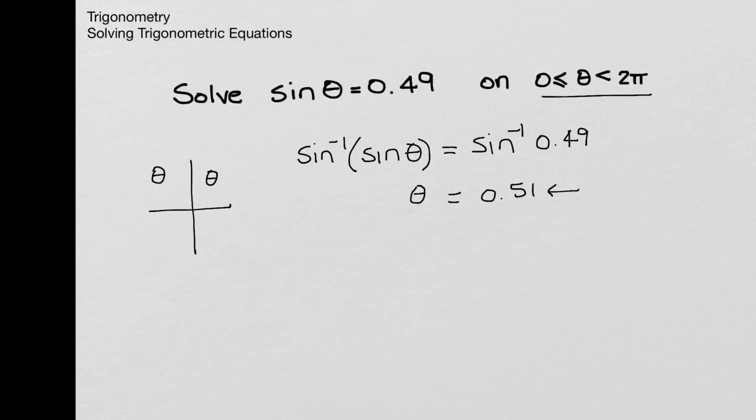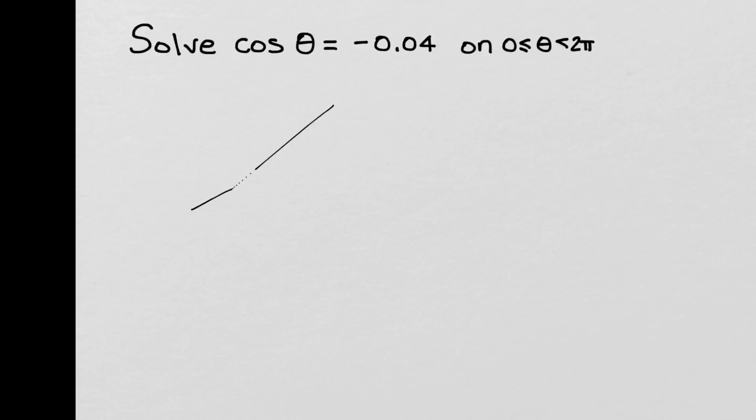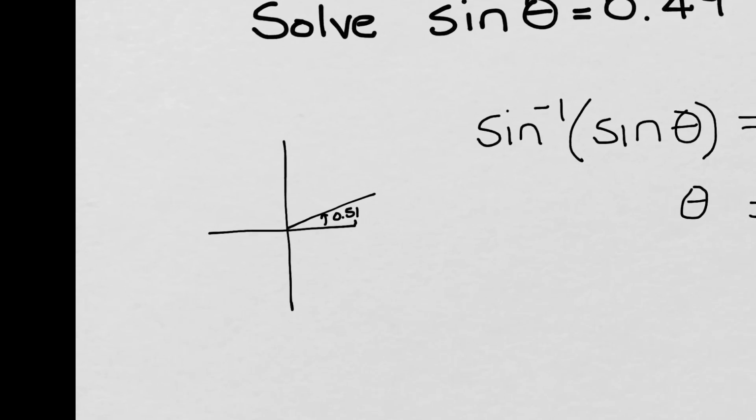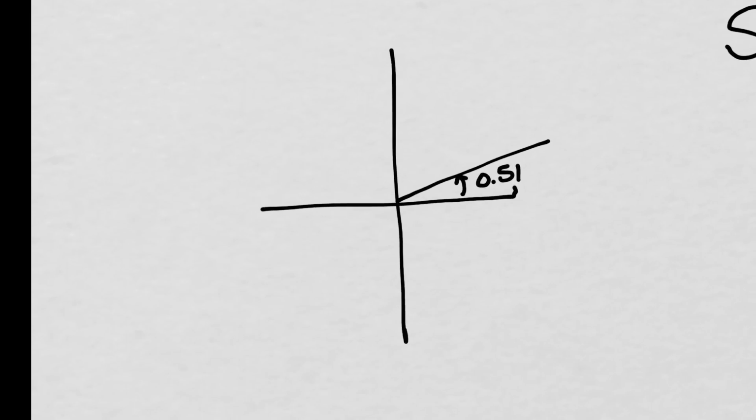All right, so what I do know then is that theta is 0.51, and I know that another possibility for theta is in the second quadrant.